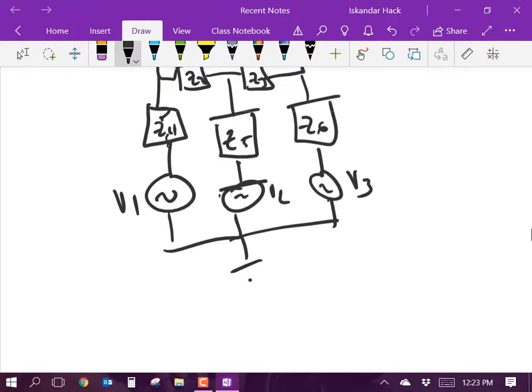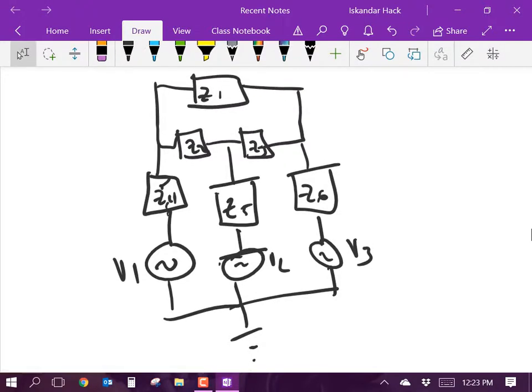Now, this might be slightly different than the way that you learned it. This is the way that I learned it and the way that I've been teaching. But we've got three loops here that we can draw. The way that I normally tell people to do Kirchhoff's voltage equations is that I always draw the loops clockwise and inside.